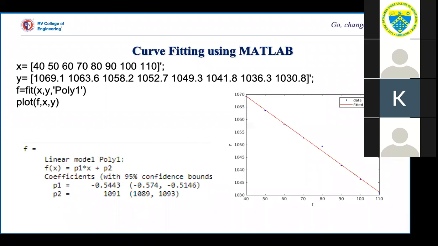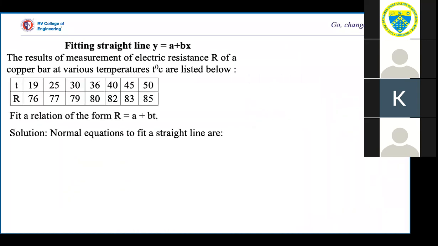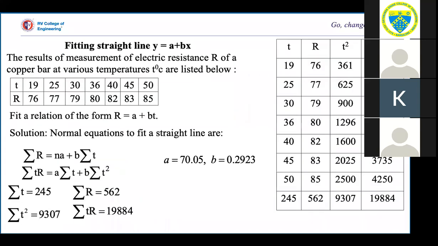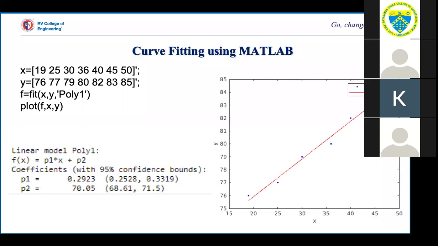So we have this. I'll take up another example. This is again a straight line you are already familiar with, which is poly1. If time would have permitted, I would have taken these in detail. So it is just simply giving x as a column vector, y as a column vector. Then you have the function fit xy poly1 and I am comparing with the values obtained with plot f of x comma y so that you can observe how many points are deviating.